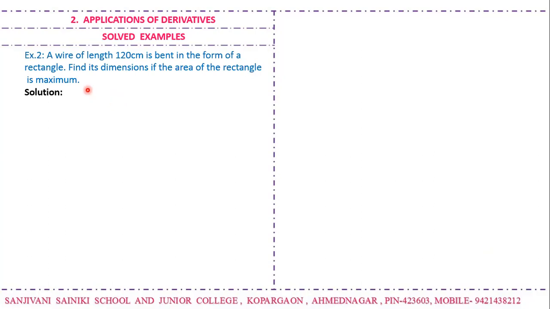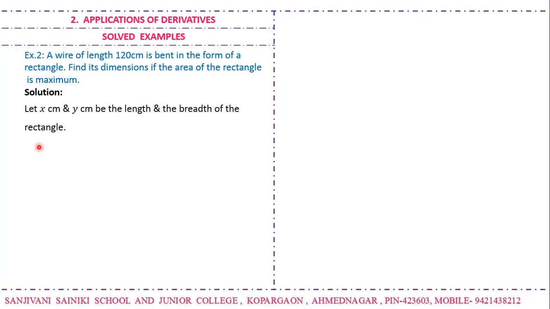Now, a wire of length 120 centimeter is bent in the form of a rectangle. Find its dimensions if the area of the rectangle is maximum. Let x and y be the length and breadth of the rectangle.